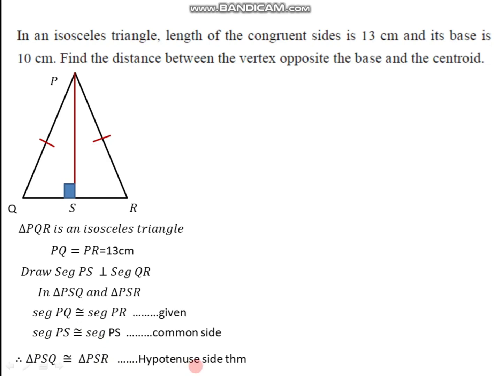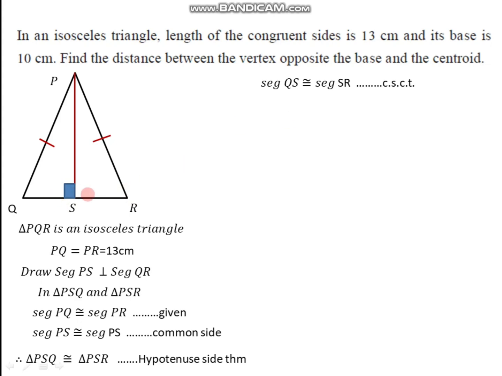And we know that if two triangles are congruent, then their corresponding sides are also congruent. So here the corresponding side of QS is SR, so they must be congruent. Segment QS is congruent to segment SR as corresponding sides of congruent triangles. Now the length of QR, the base, is given to be 10. So QR is equal to 10.